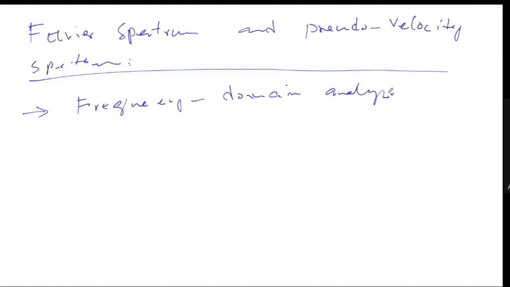For example, if you are doing dynamic analysis, one way is to look at the numerical integration procedures, the numerical approaches for the analysis of the dynamic equation. But there is another way, which is to use frequency domain analysis.